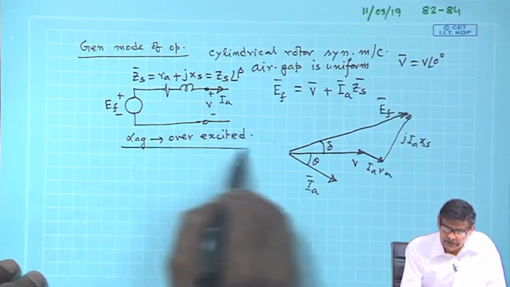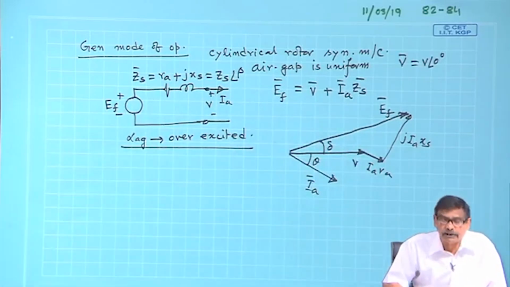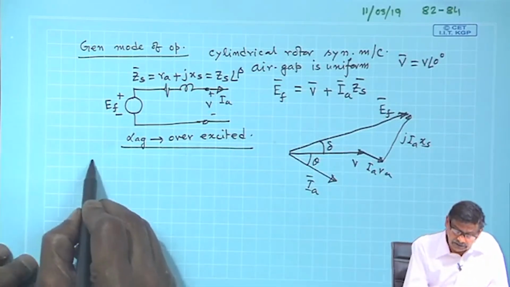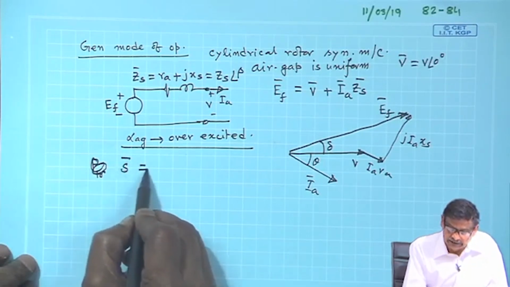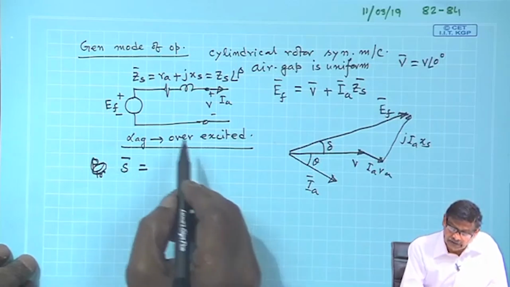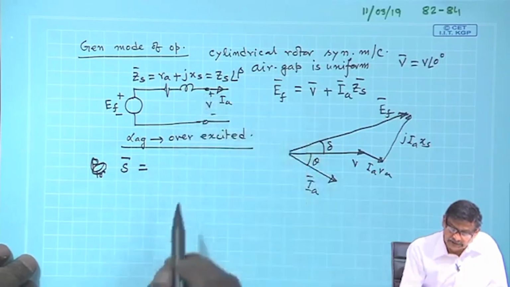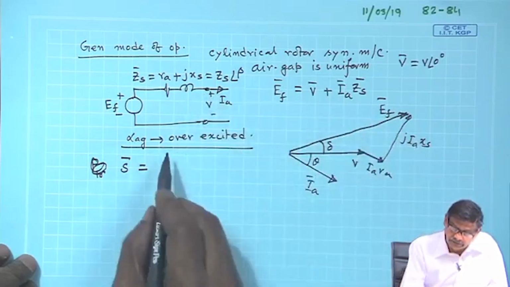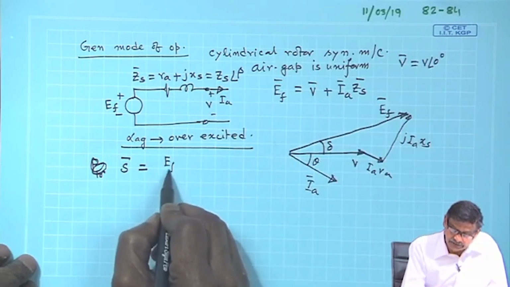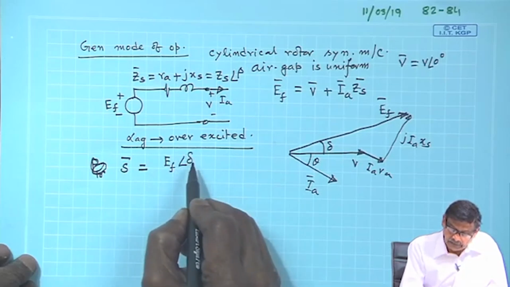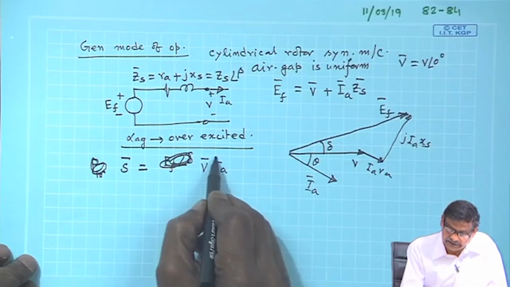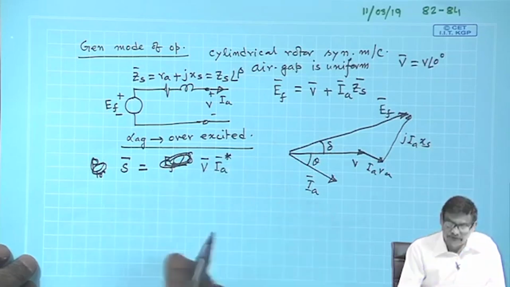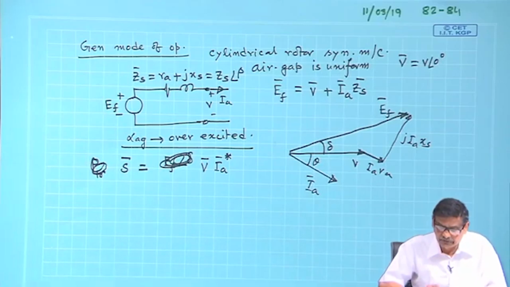And then I told you, if you want to find out the expression of power and torque. So, power delivered, total power delivered by the machine should be calculated like this: S is equal to V into I A star, this is the usual thing we will do, so that we get the expression of real and reactive power simultaneously.